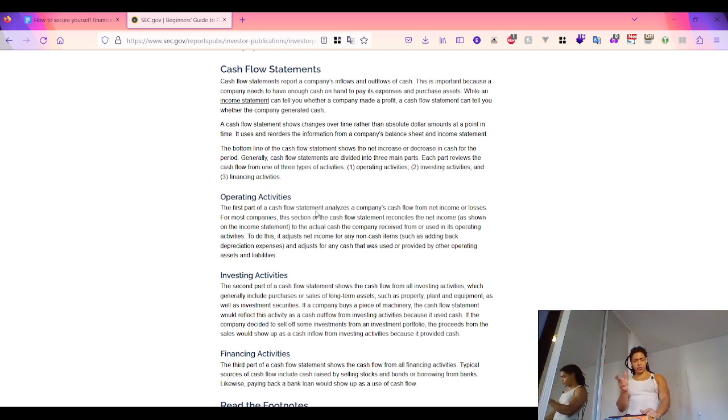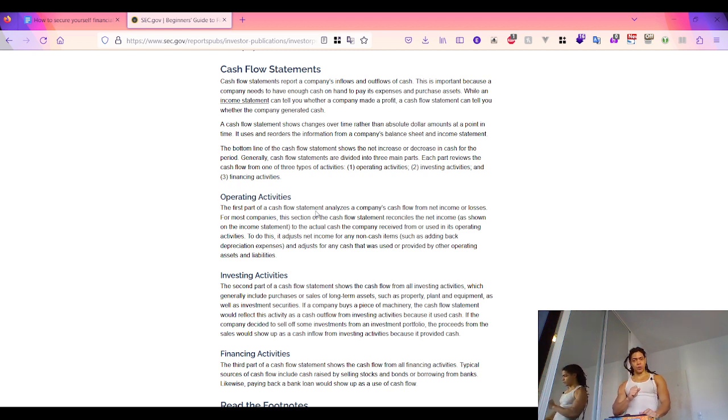To do this, it adjusts the net income for non-cash items, items that affect the income statement, such as amortization or depreciation, and stock-based compensation, which is stock provided to employees as a form of compensation.